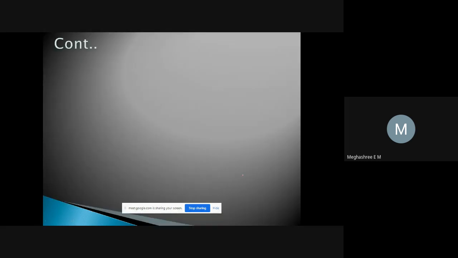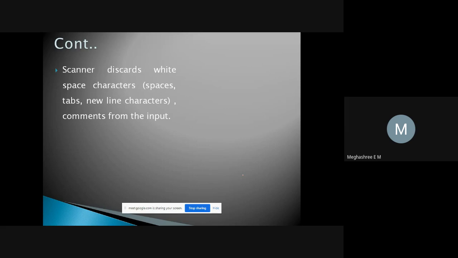Now there are a few more things you have to remember when it comes to lexical analyzer. When the scanner, also called lexical analyzer, works, it discards white spaces, which may be a tab or new line character, and it also discards comments from the input.